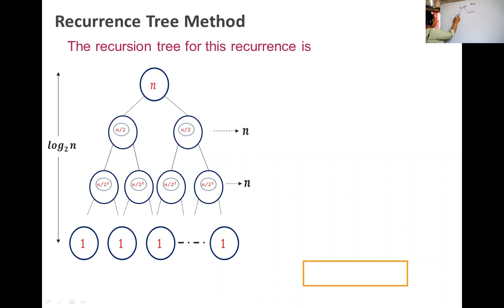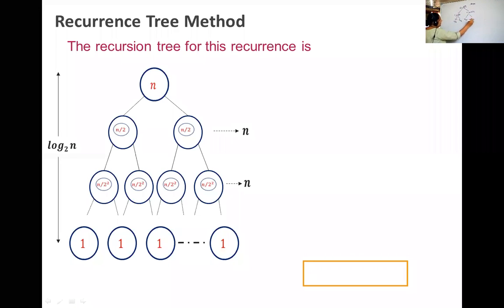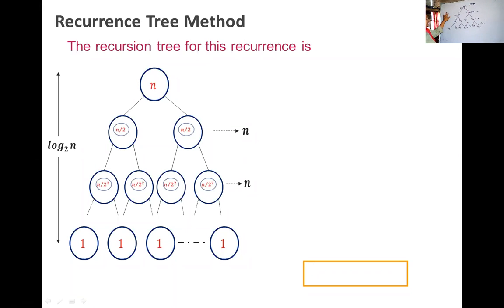Then again, upon the basis of mid element, you will divide this into two halves, n by 4, n by 4. Then again this will be n by 2, n by 8, n by 8, and so on. At every level, you are dividing the n elements into different sublists based on the mid part.